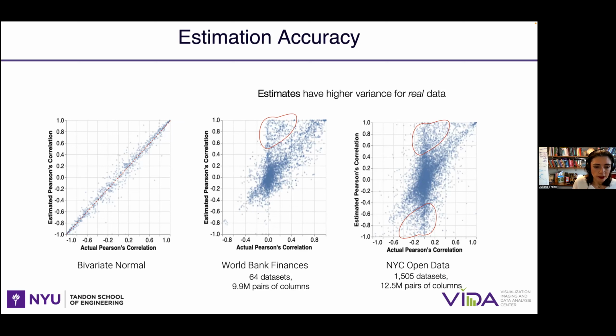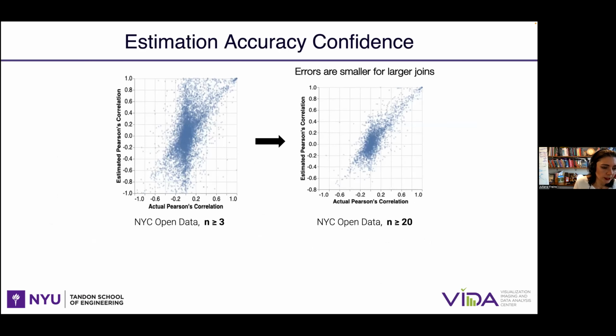Because in these large collections, most of the data is actually not going to be meaningful, not going to be good correlations. Having these errors will mean that we can end up with lots of false positives when we present the results back to the user.